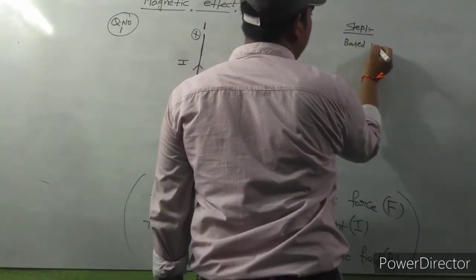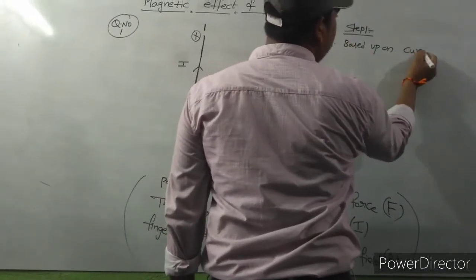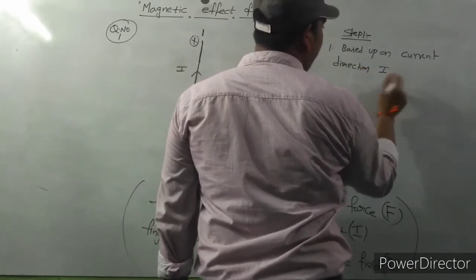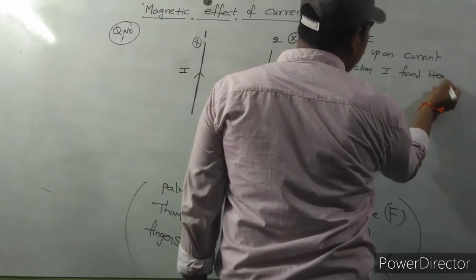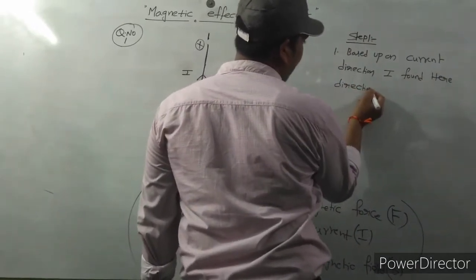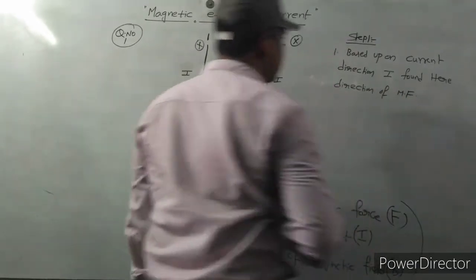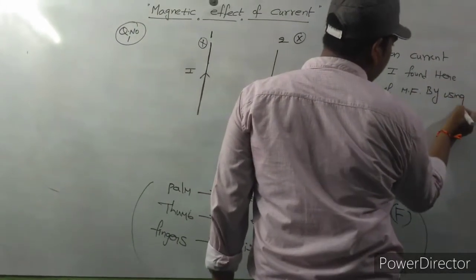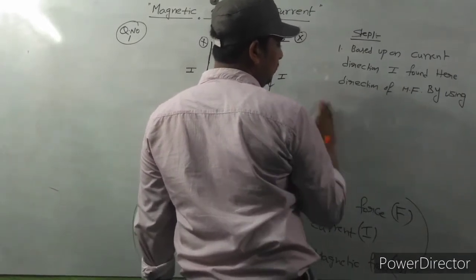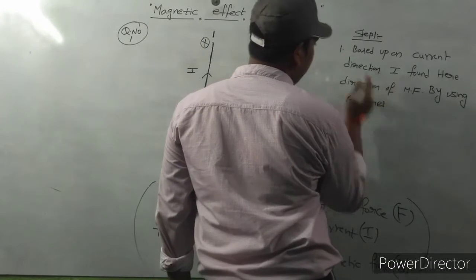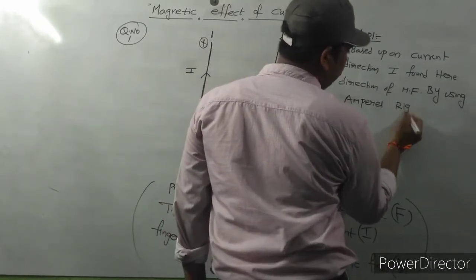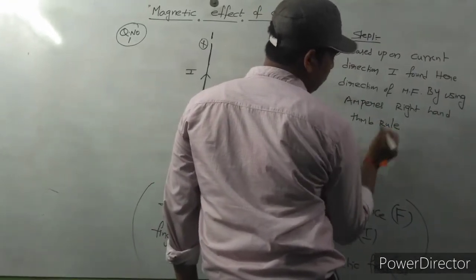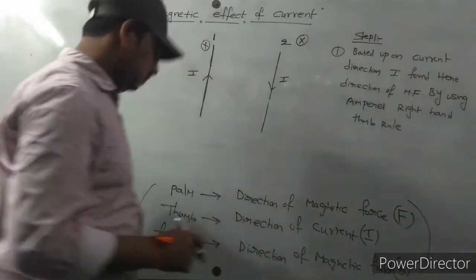Based upon current direction, I found here the direction of magnetic field, by using Ampere's right hand thumb rule.